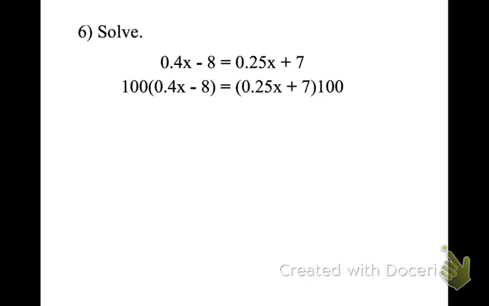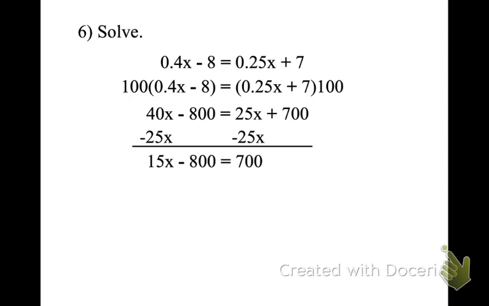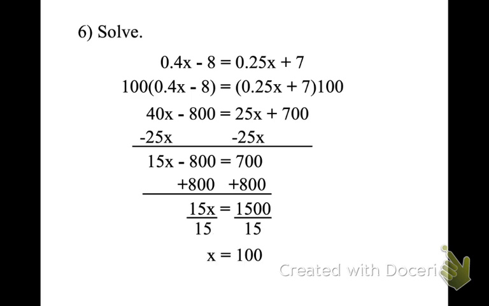And so when I multiply 4 tenths, I'm going to get 40x minus 800, and I'll get 25x plus 700. We'll move all the x's to one side, subtract them. I'm going to move the 800 to the other side. We're getting some very pretty numbers, and we get x equals 100.